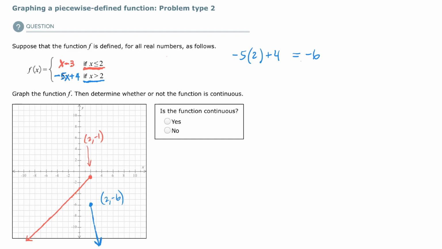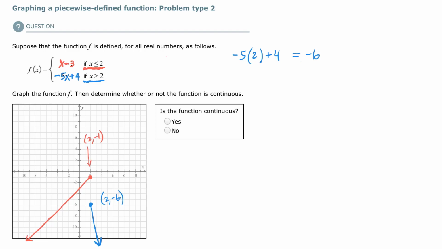You got two pieces of the function on its appropriate domain. Is the function continuous? In other words, can you keep your pencil on the paper tracing these functions? Is it possible? And the answer is no, right? There's a jump. There's a jump at x equals 2.